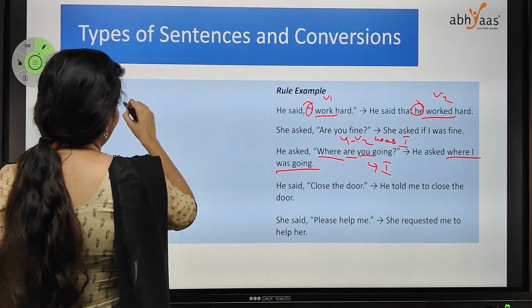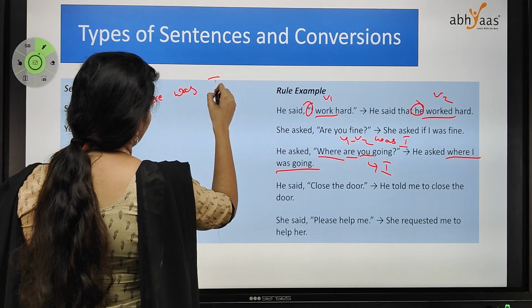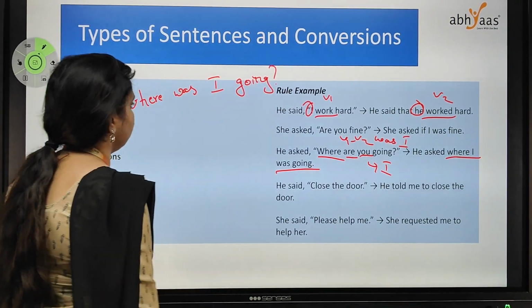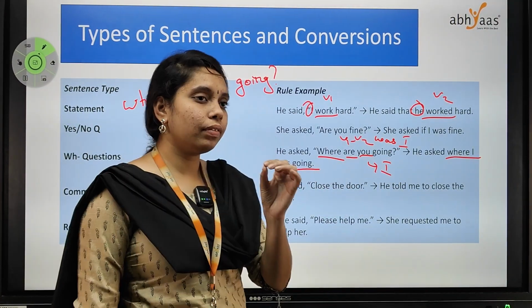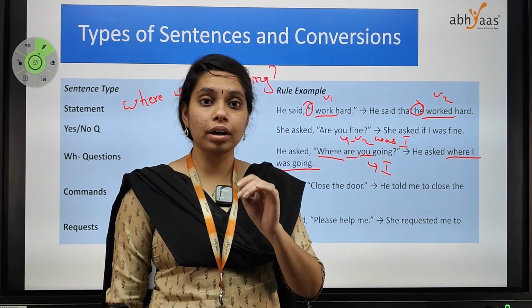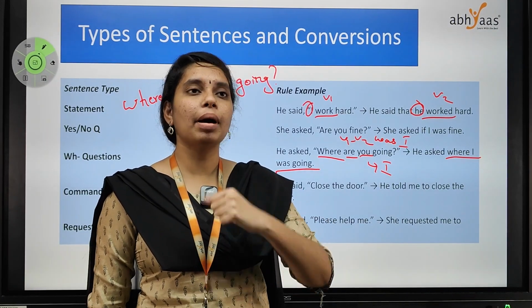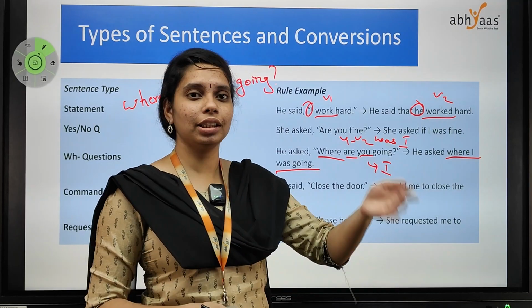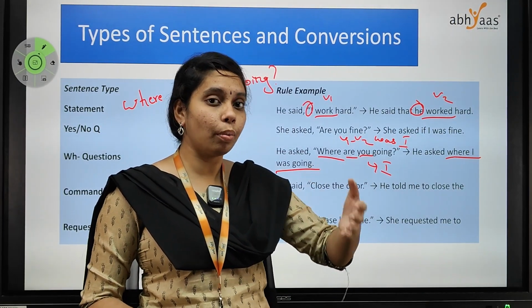If I write, where was I going, this again becomes a question, right? That is why you have to say where I was going. Whenever you are reporting a question, it cannot be a question again, because you're just conveying to some other person that I was asked a question. You're not questioning the other person to whom you're reporting.